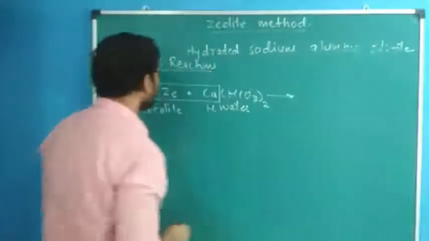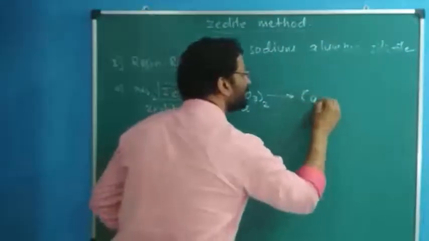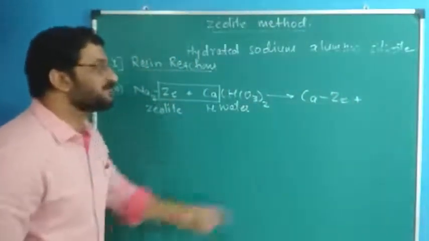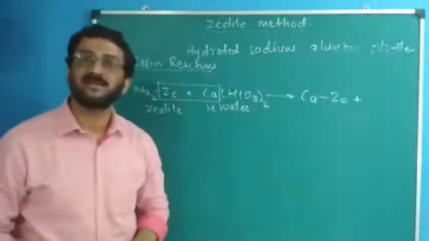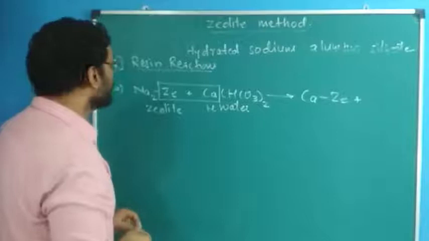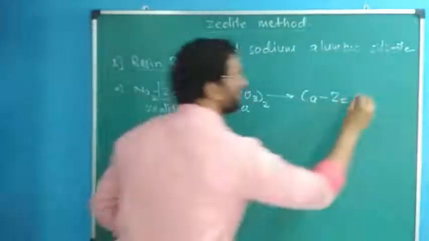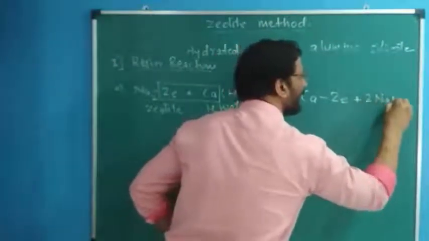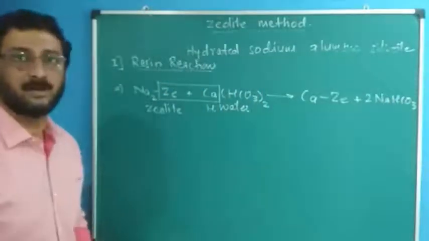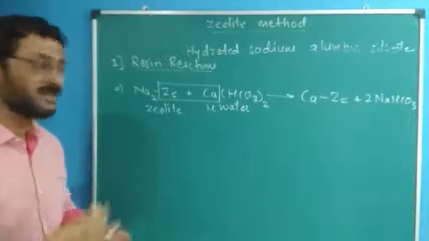So what is the exchange reaction? I will get CaZd. The positions of Na+ are now taken by calcium ions. This is a simple exchange reaction. What is left is twice NaHCO3. This sodium salt is released in the softening reaction.